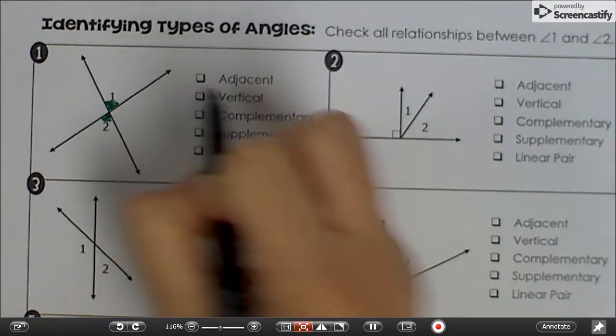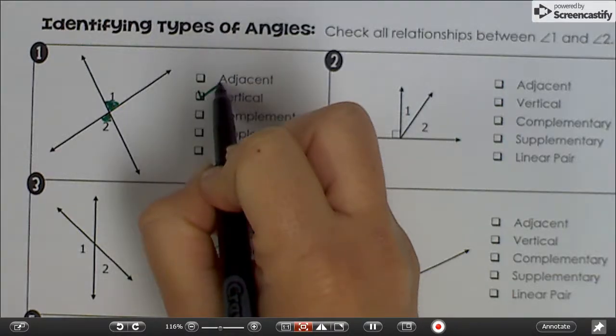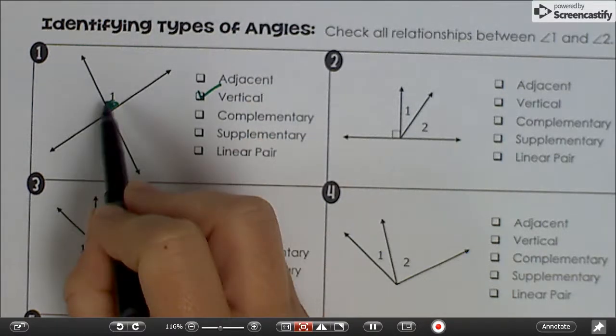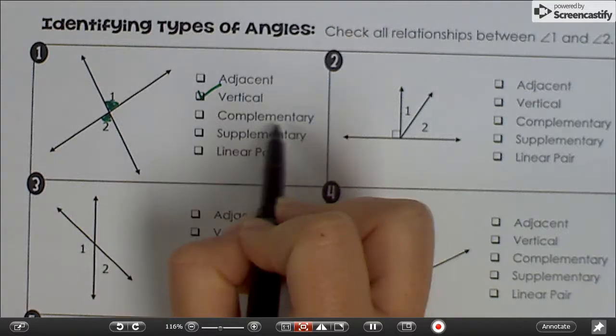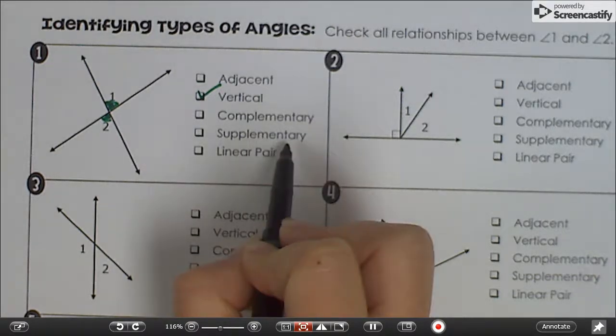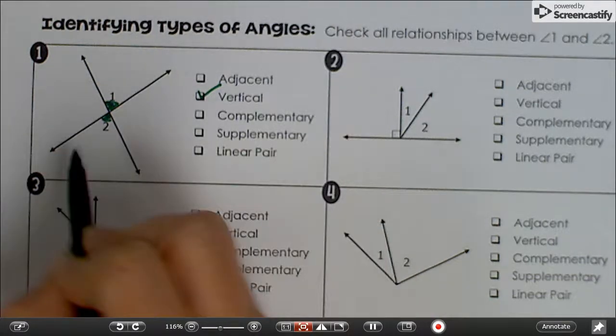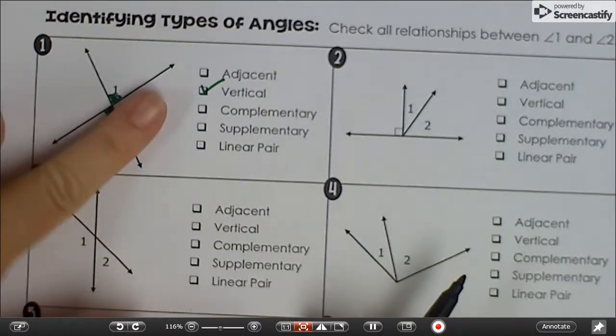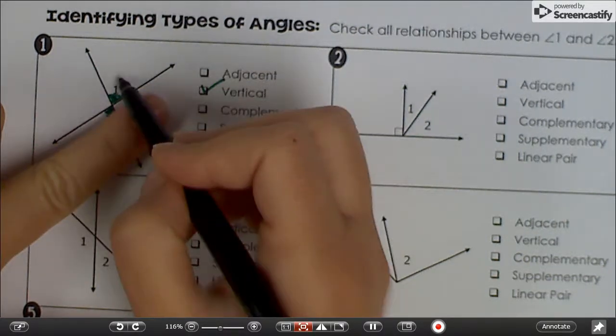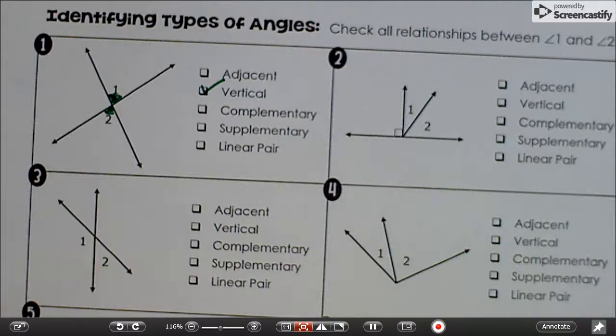They are vertical angles. We don't know that they add up to 90, so they're not complementary. They are not supplementary, and they're also not a linear pair because linear pairs would look like that, these two right here. So just vertical.